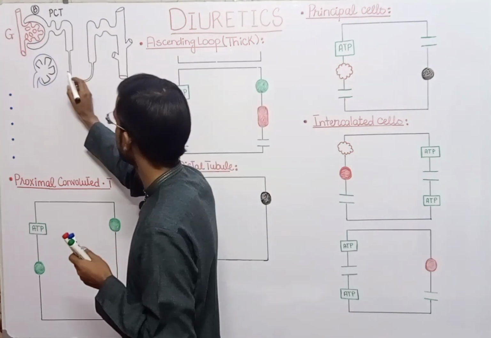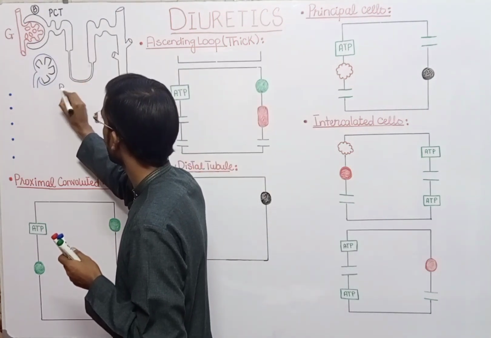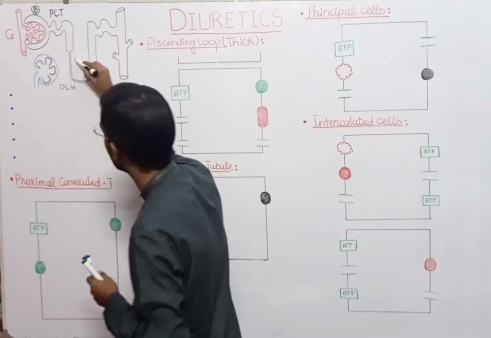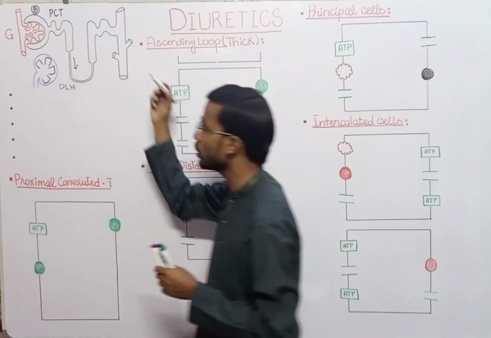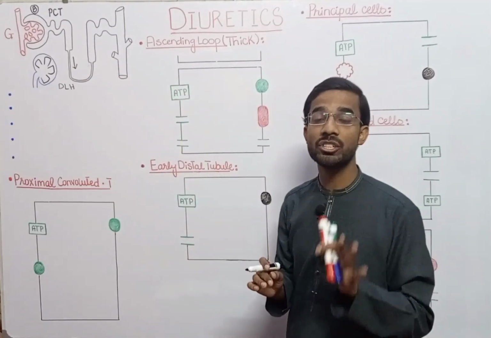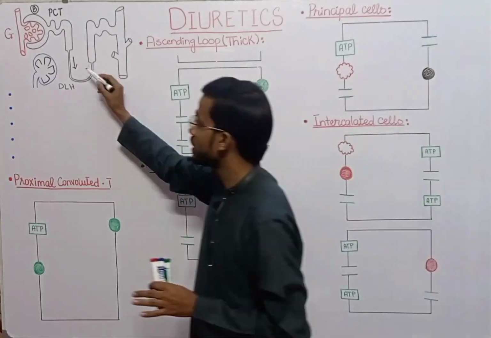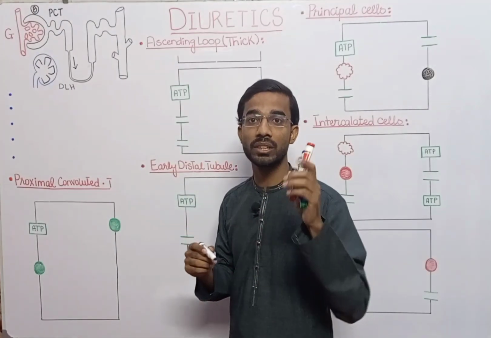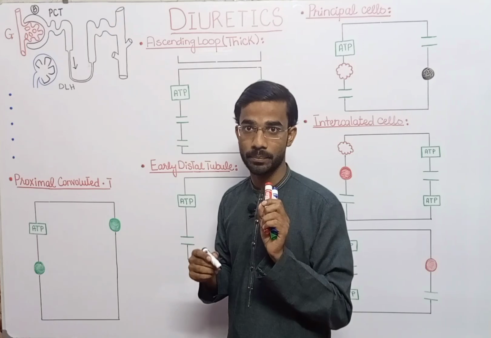First you will see the descending loop of Henle, which moves downward, and it is thin in diameter.